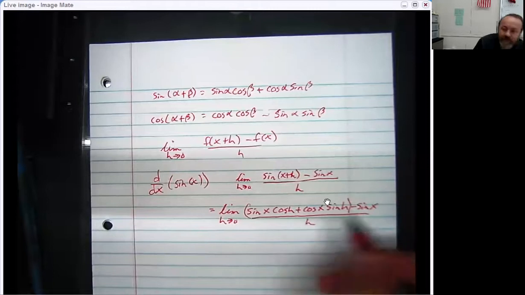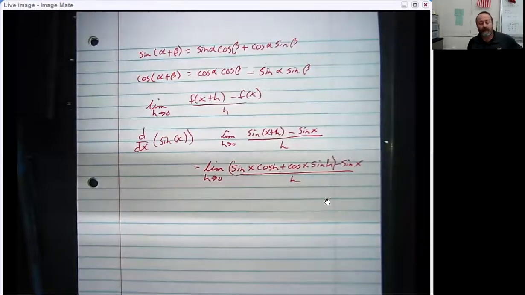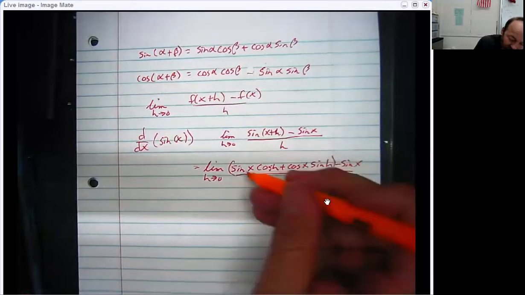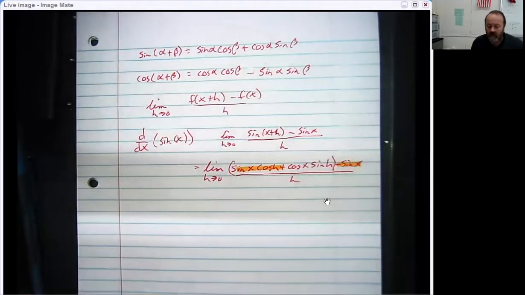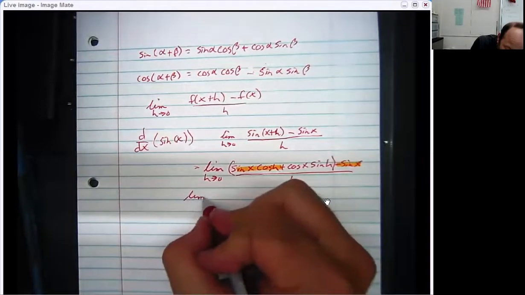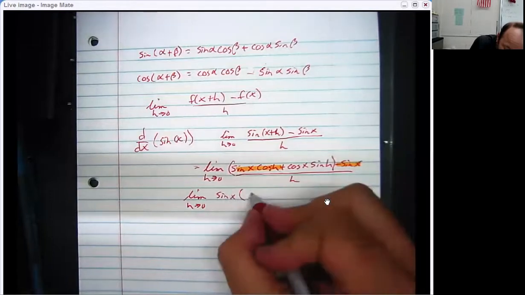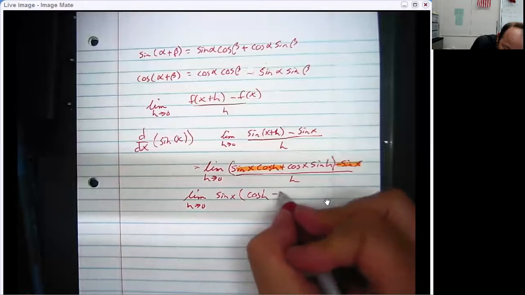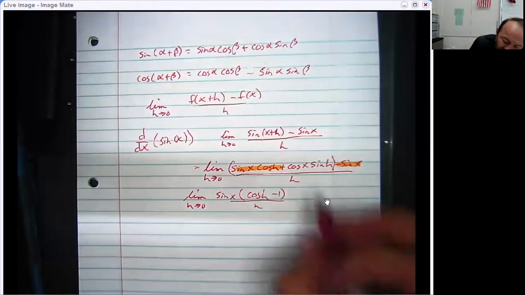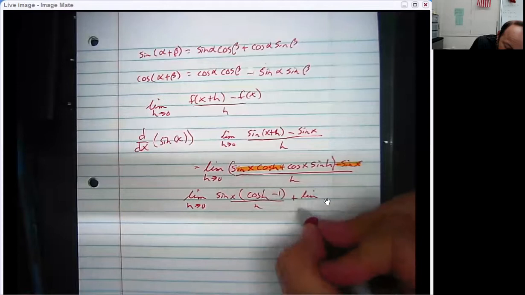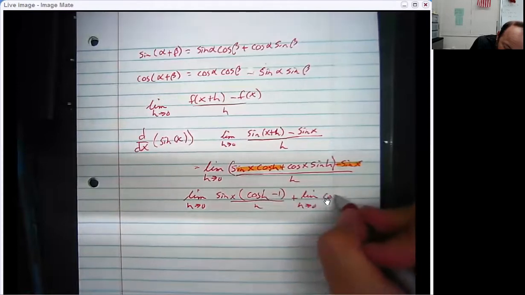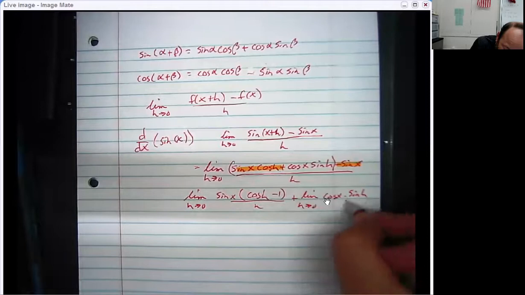because this whole argument here was the sine of alpha plus beta, all over h. Now, this is going to be similar to one of the problems that we did in class today, as it turns out, that if you look at these two particular terms right here and right here, I'm going to regroup them just a little bit. And I'm going to say then that we would have the limit as h goes to 0 of the sine of x times the cosine of h minus 1 over h. And then plus we have the limit as h goes to 0 of the cosine of x times the sine of h over h.